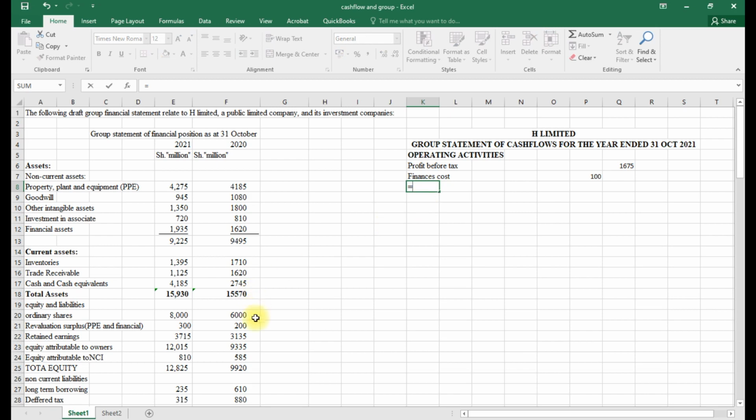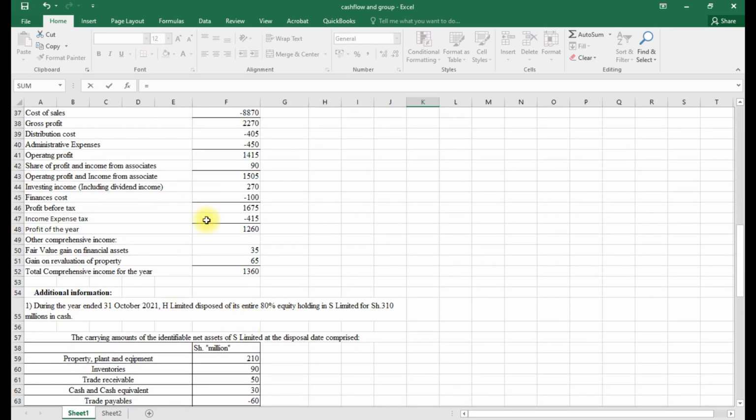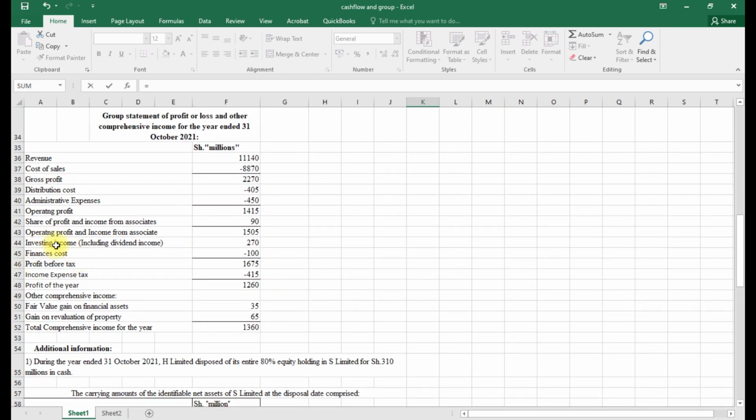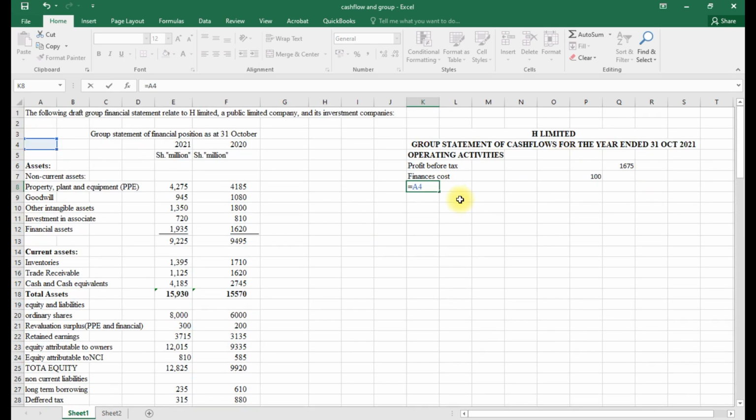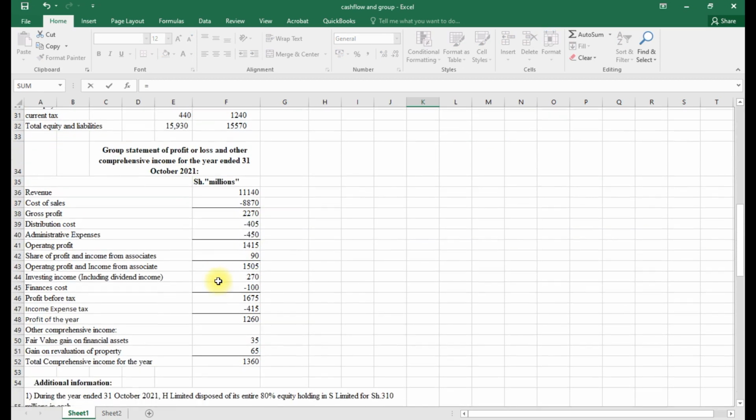Then we are adjusting what was included in the income statement. Investment income is not part of operating, so we shall add this back, and in this case we shall put it as a minus.